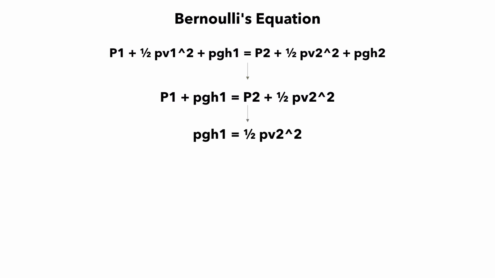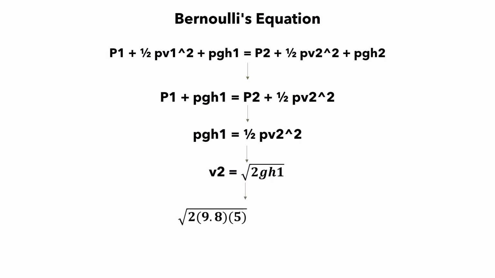And then we can cancel out the P1 and P2 since the pressures are the same, which leaves us with ρgh1 equals 1/2 times ρV2 squared. Then we mix it around. Since we're looking for V2 and it's squared, we get rid of the half and put a 2, and then we square root the whole thing. And this is the equation we are going to be using.